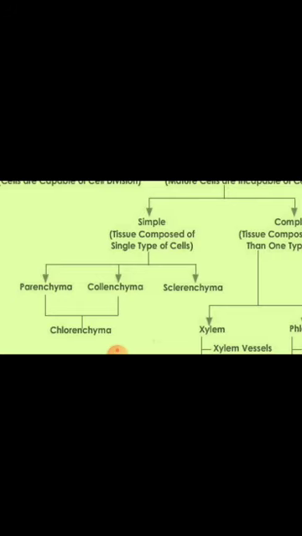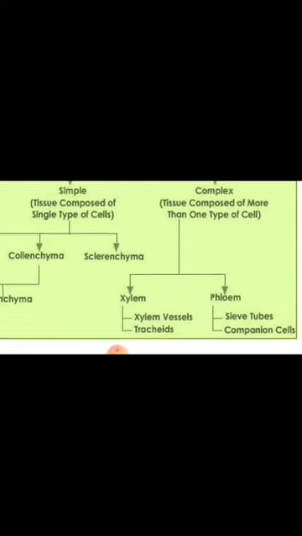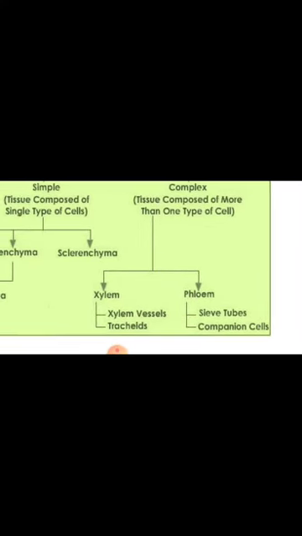Parenchyma is further subclassified into chlorenchyma. We have even seen the diagrams of all these, and we have seen the structure, characteristics and function. When we talk about the complex permanent tissues, we discussed the xylem and phloem.